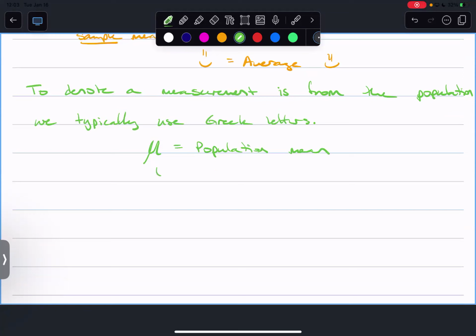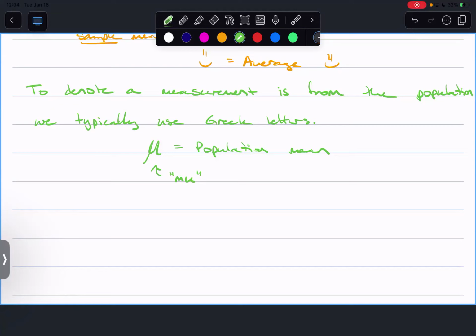If you're typing, it's easier to just write mu, and that's fine. Mu is the population mean, and it's a letter from the Greek alphabet.